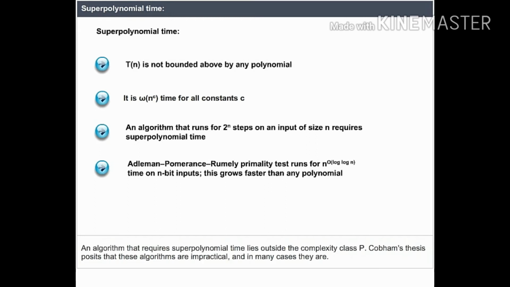An algorithm that requires superpolynomial time lies outside the complexity class P. Cobham's thesis posits that these algorithms are impractical, and in many cases they are. Since the P versus NP problem is unresolved, no algorithm for an NP-complete problem is currently known to run in polynomial time.